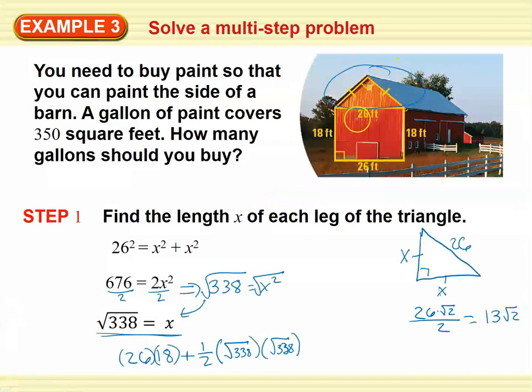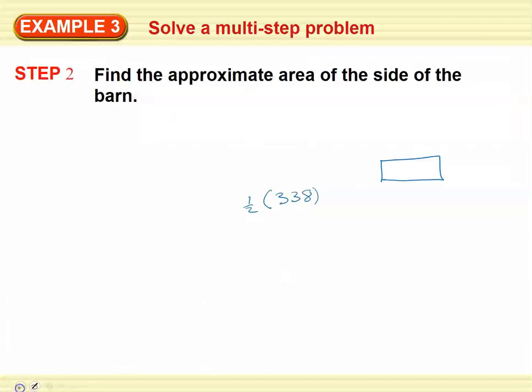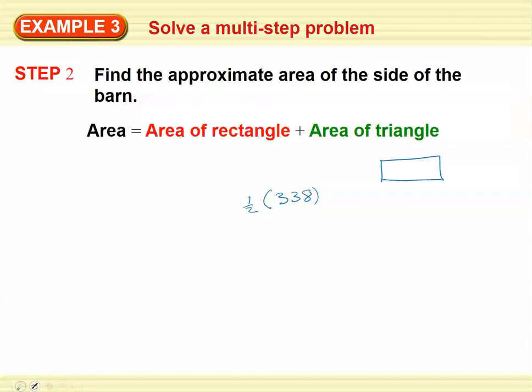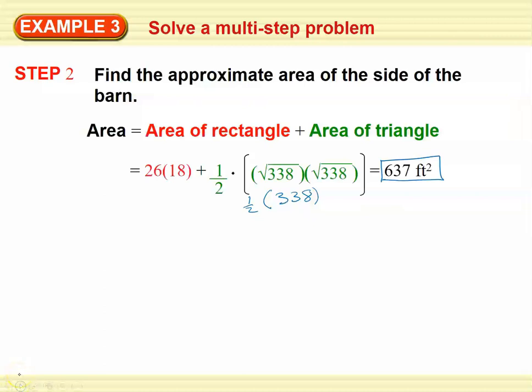So we now know that the side of this barn is 637 feet squared. Now we just need to figure out how much paint will be required to do that. Again, there's a couple ways that you can do it, depending on your thought process.